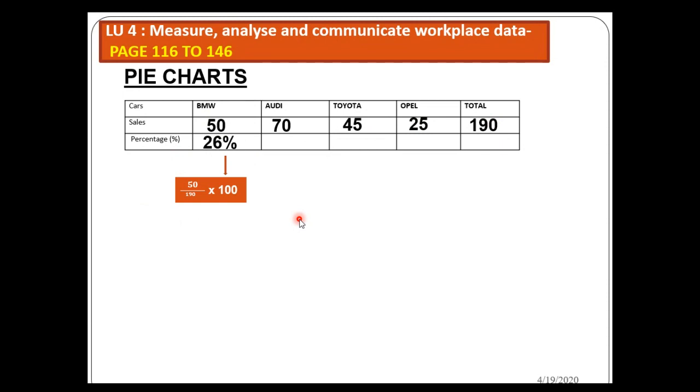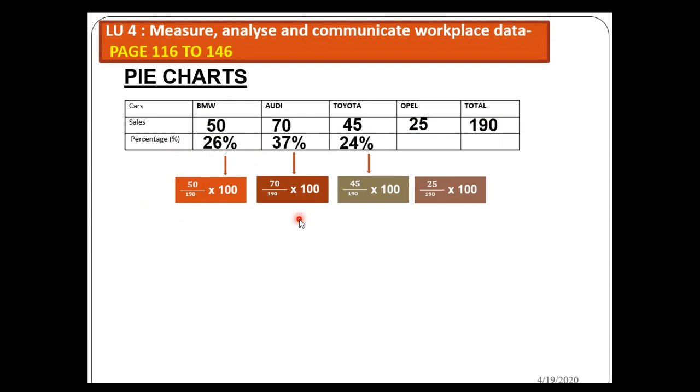I get 26%. Same applies to Audi. I'm going to say 70 divided by 190, multiply by 100, and I will get 37%. And the same applies to Toyota. I've got 45 divided by 190 times 100, and I get 24%. And then for Opel, I've got 25 over 190, and I multiply by 100.